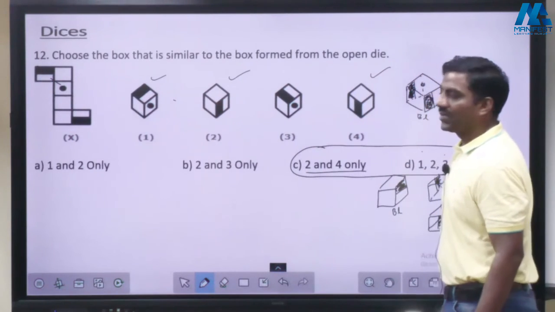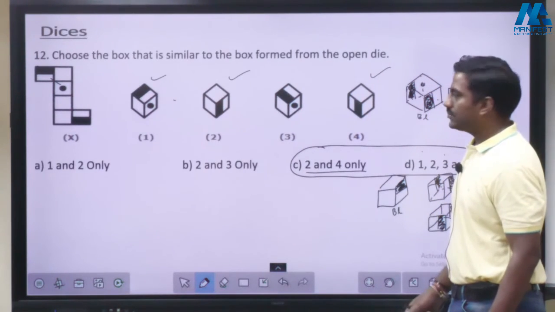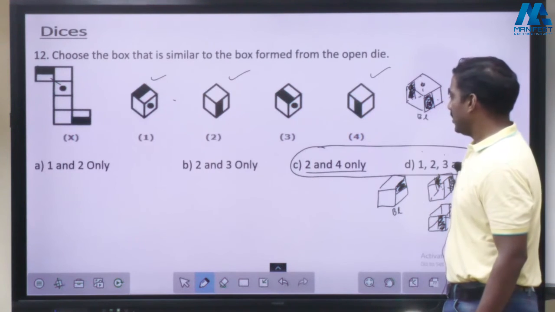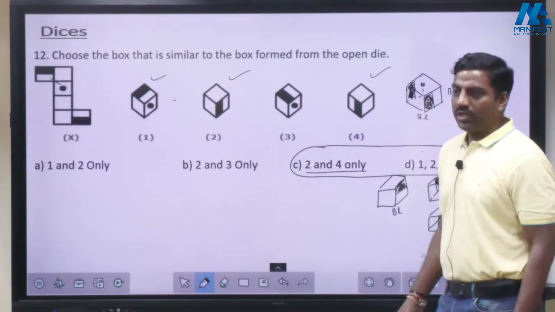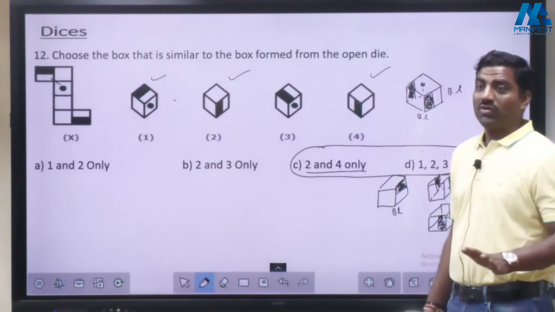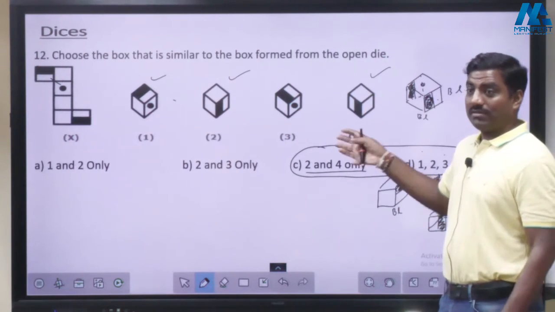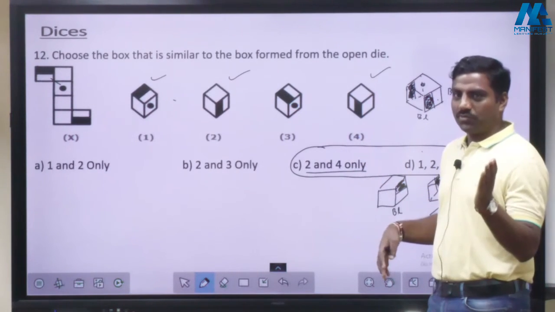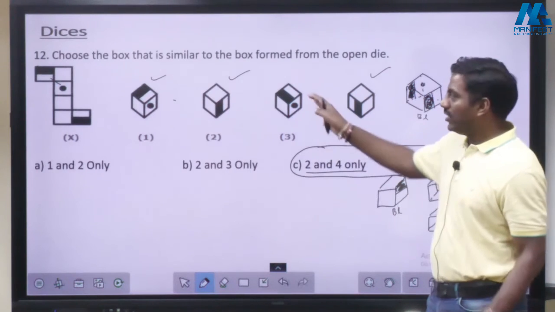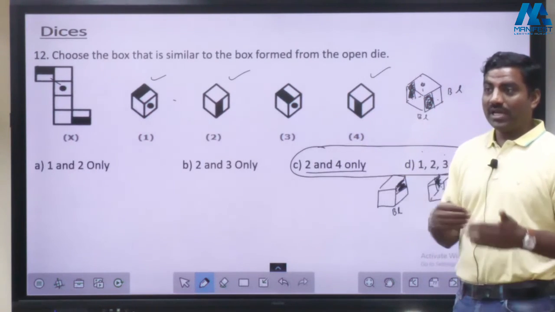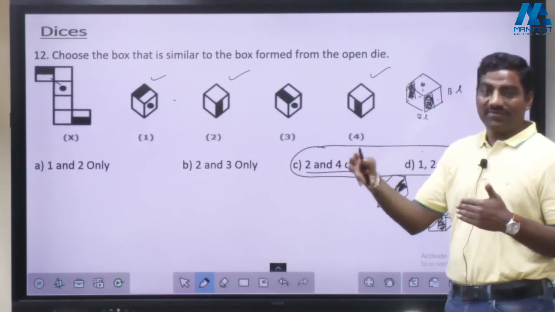Similarly, this has to be right because we have 1, 2, 3, and 4. I know, see, only this season, from 21 to 22, I have included this because now the CSAT paper is being made tough.